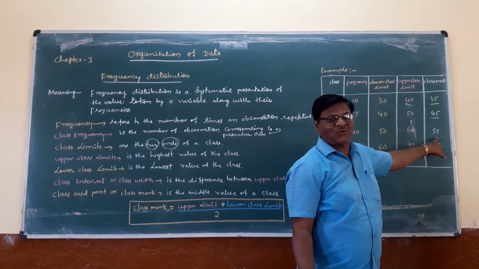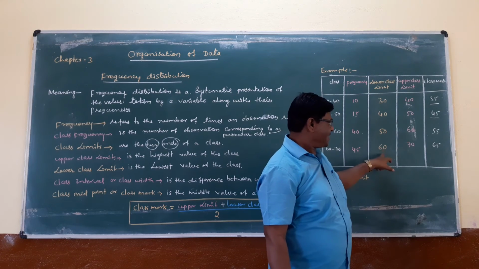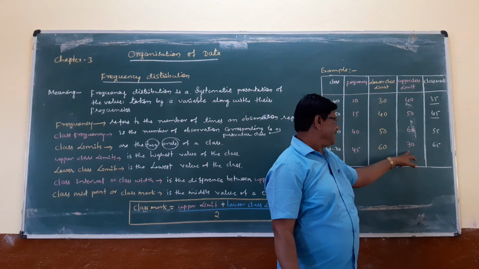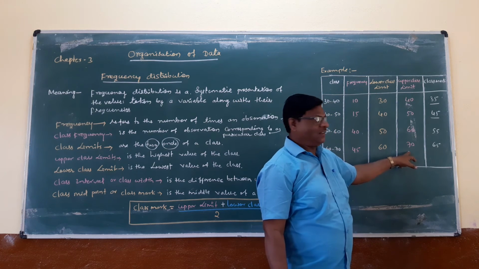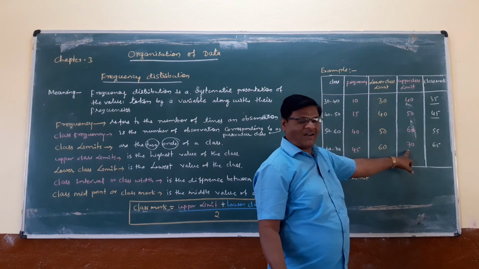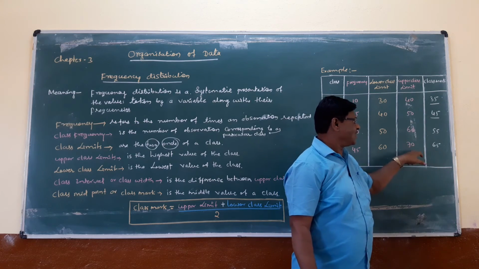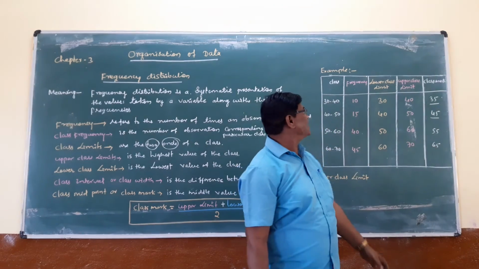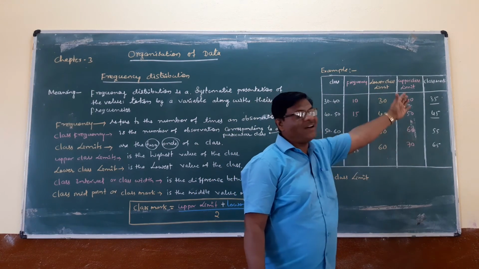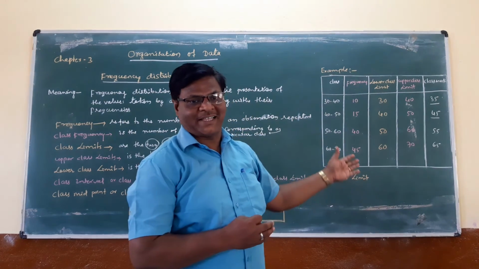And last, 60 plus 70 is equal to 130. 130 divided by 2 is equal to 65. It is the class interval, frequency, lower class limits, upper class limits and the class mark. So you have to find out the class mark like this.